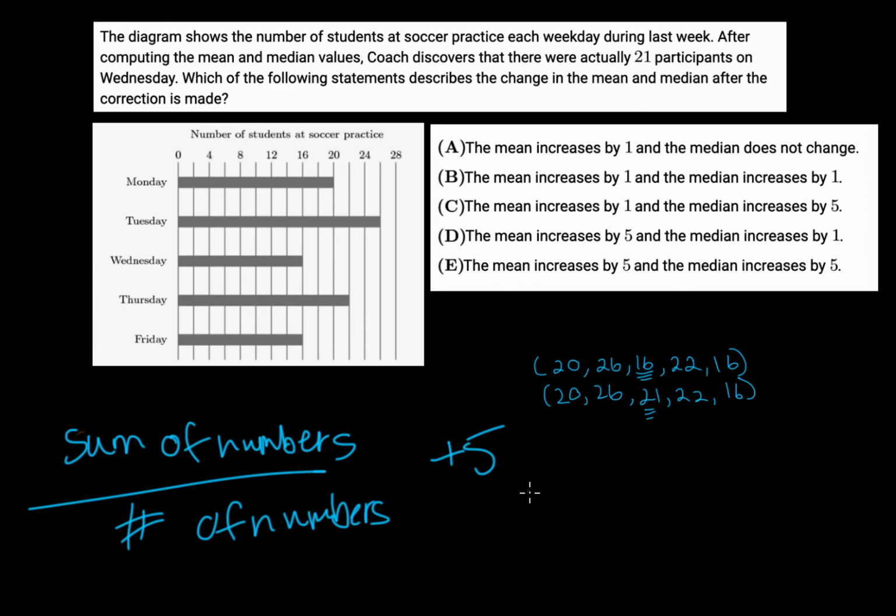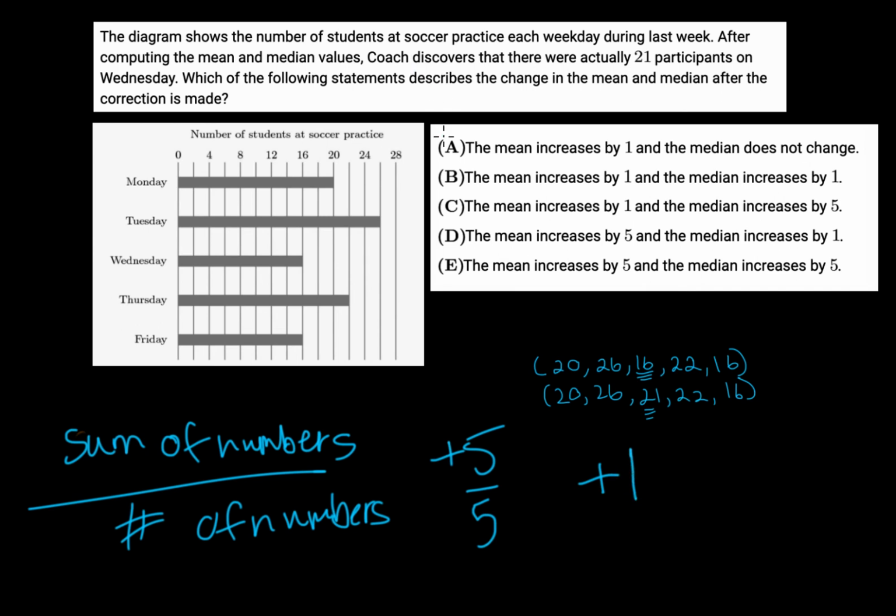And since you're adding 5, and you're dividing the whole thing by 5, dividing the whole thing by 5 is the same as dividing each term by 5. So here we go, we can divide 5 by 5, and we get that our change is just plus 1.